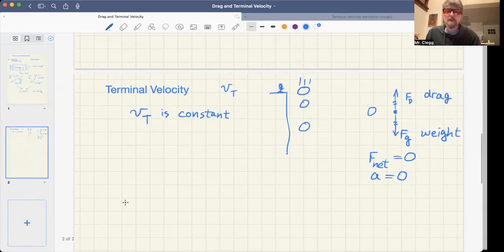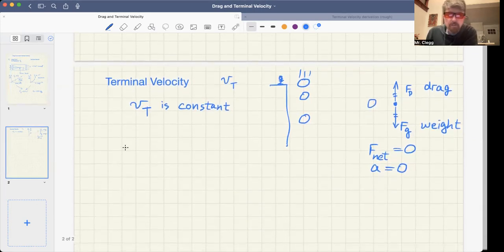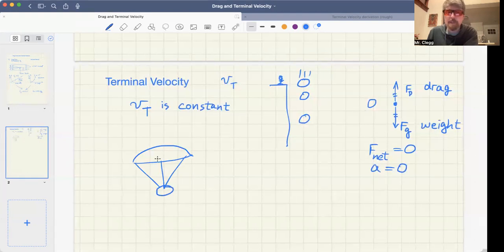So if we measure the mass of our whole parachute system, there's our parachute, and here's our mass attached to it, the mass of the whole system. Let's say we measured the mass, and let's just make up a number. Let's say it's 55 grams.